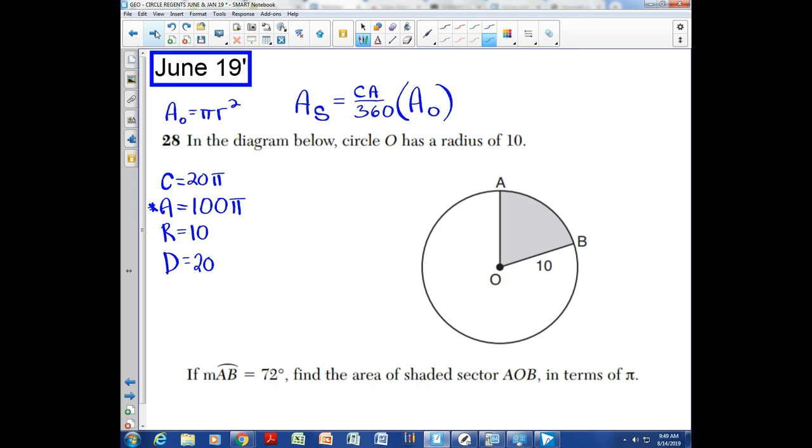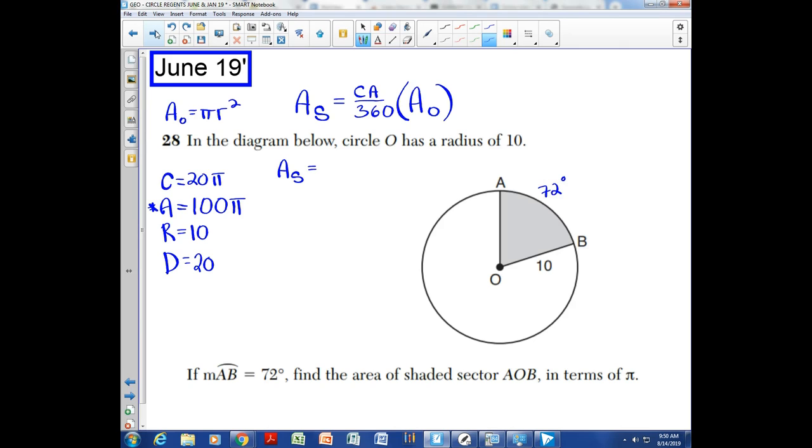Okay, so now let's see if we can move forward and actually plug all this information into our formula. We have the area of the sector, which is what we're looking for, is equal to the central angle. Here they give us arc AB as being 72 degrees.